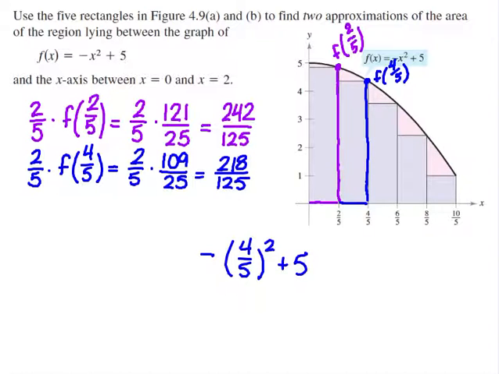So on the next one, the width of the rectangle is what? 2/5. And I'm going to take that times f of, so how high is that one going to be? 6/5. So I'm going to find f of 6/5. So you should be noticing a pattern.